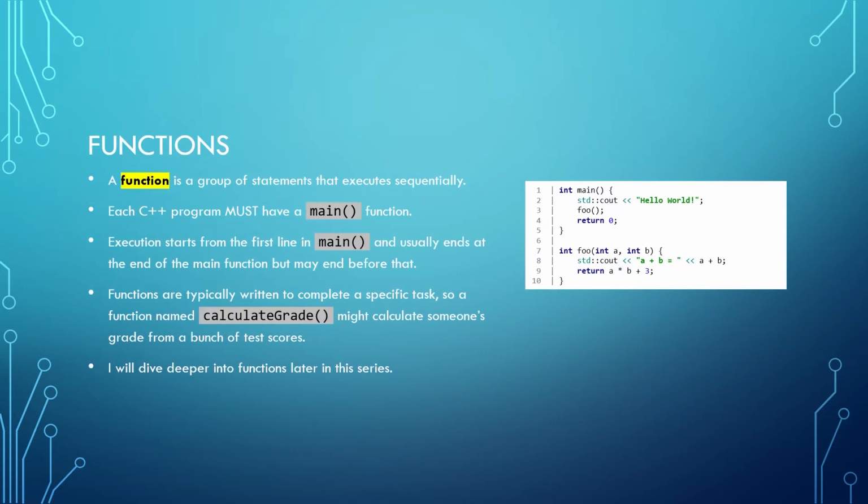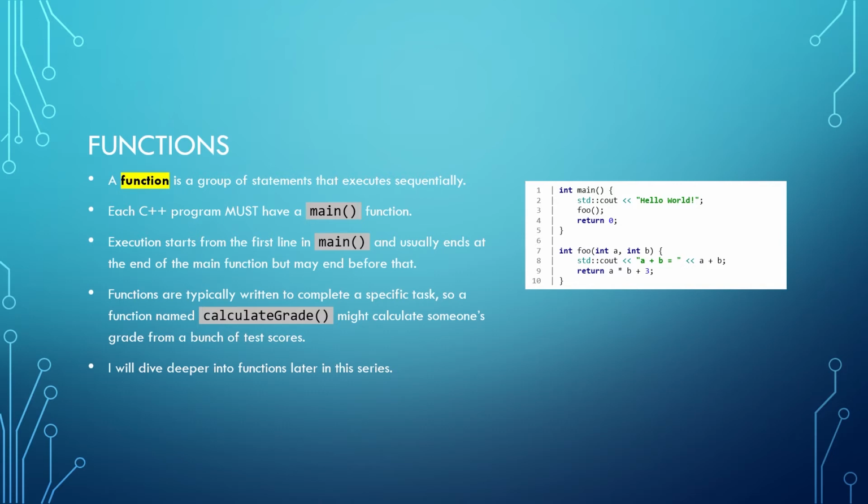Now moving on to functions. A function is a group of statements that execute sequentially. Each C++ program must have a main function, like in our example over here. The execution starts from the first line in the main and usually ends at the end of the main function, but it may end before that.